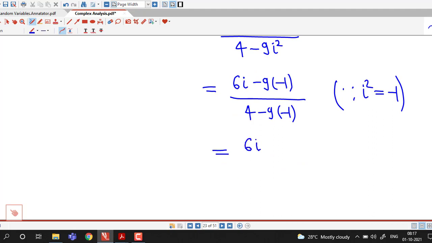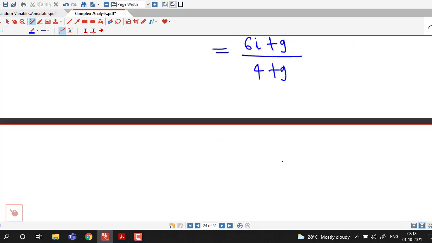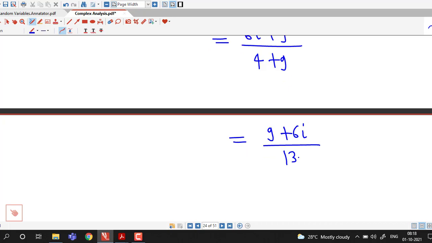So this we can rewrite, negative and negative make positive. So 6i plus 9 divided by 4 plus 9, that is 13. So finally we obtain 9 plus 6i divided by 13.